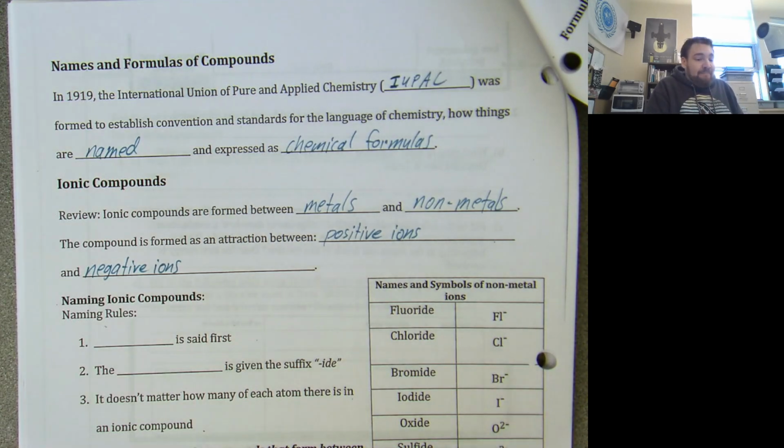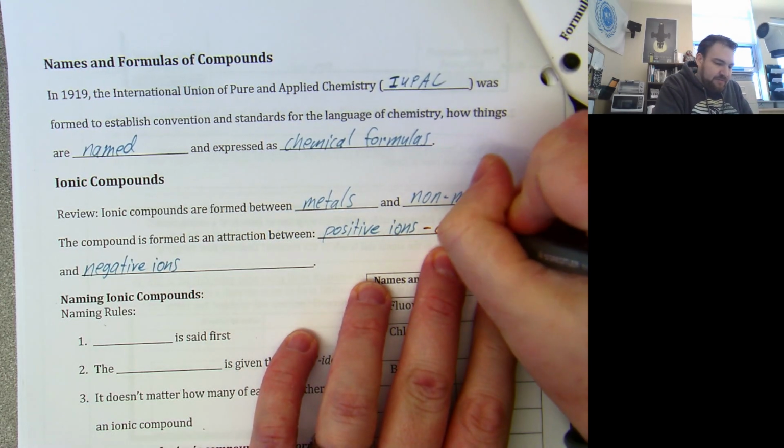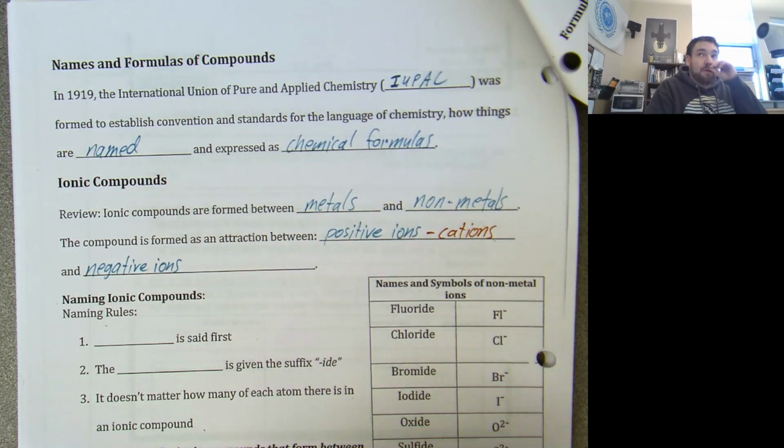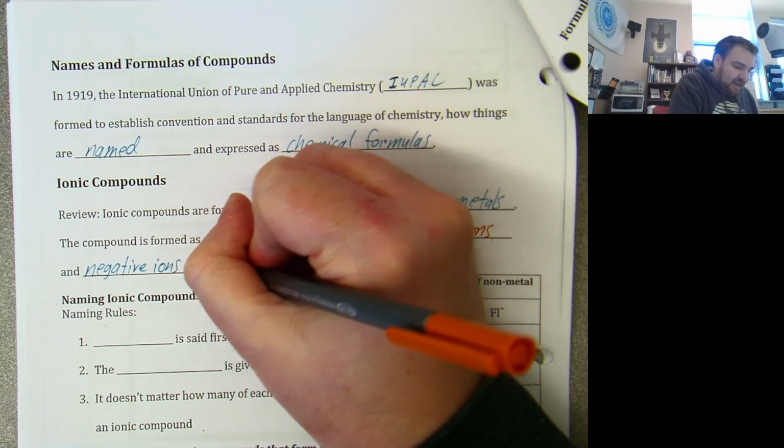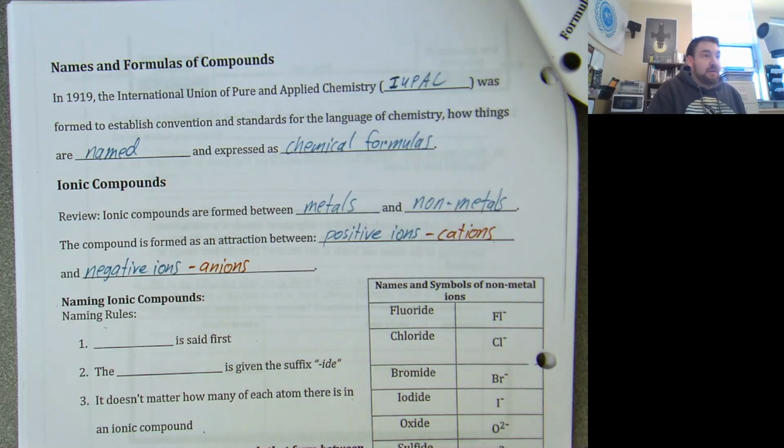It's a shortened name. In chemistry, we call positive ions cations. Perhaps your Science 9 teacher taught you that. Perhaps they didn't. We call the positive ions cations and the negative ions anions. Someone showed me an adorable way to remember this several years ago.